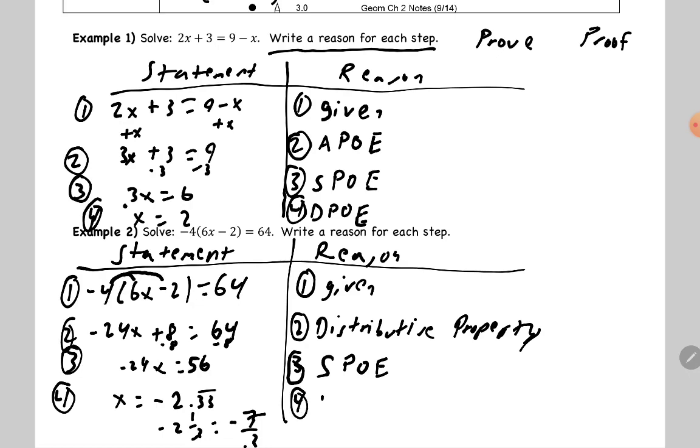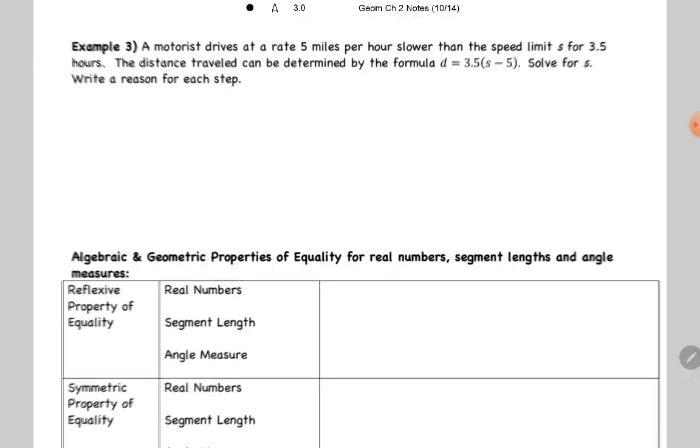So that was, again, we used the division property of equality to get there. Alright. Let's move on. Next page.